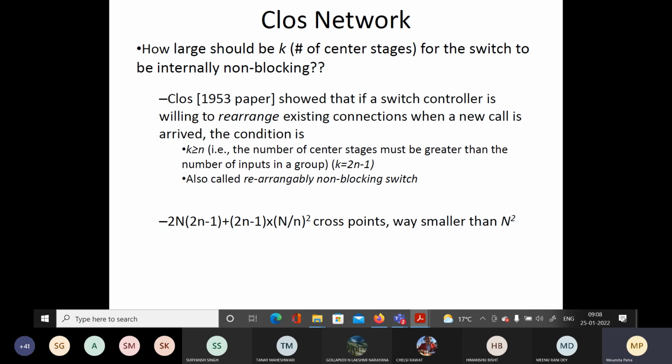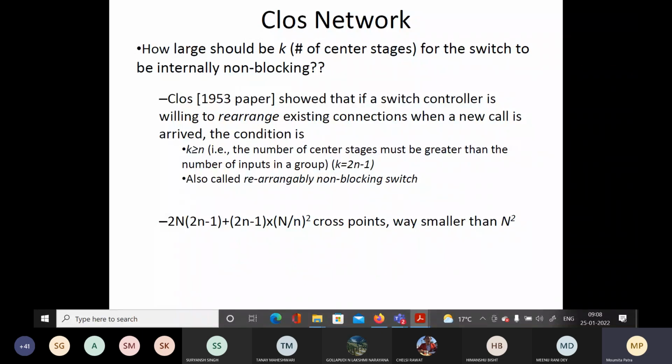That's what Clos said, but if you think about it, rearranging connections whenever there is a new call becomes pretty complex. We cannot think of a scenario where we are actually going to change the connections. So can we use this principle but still not change the circuitry?